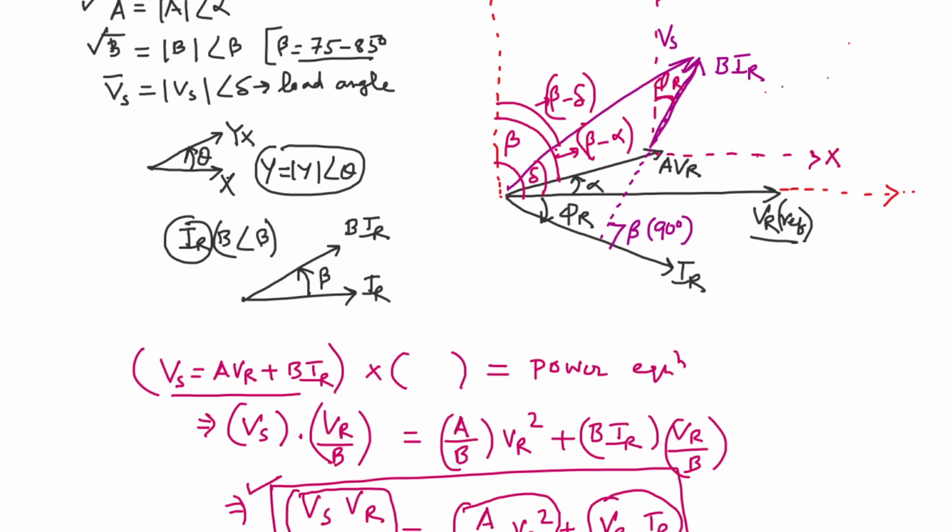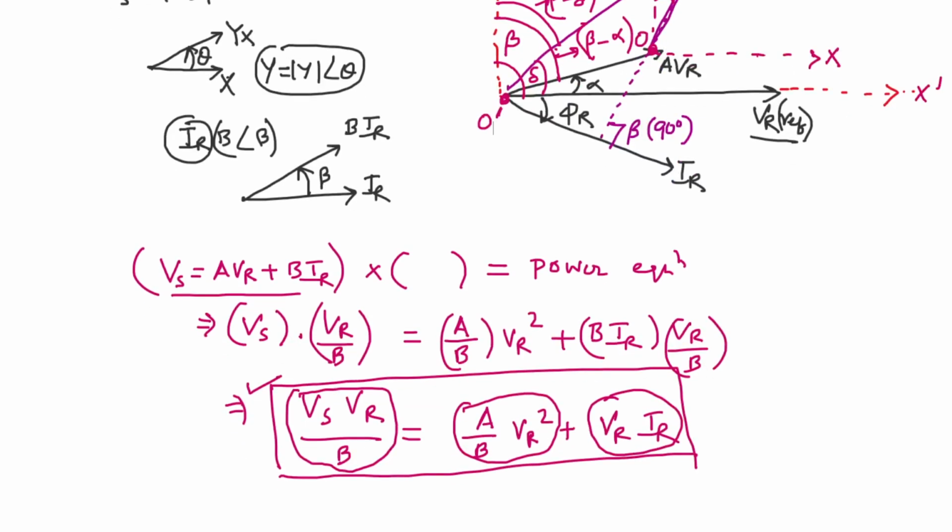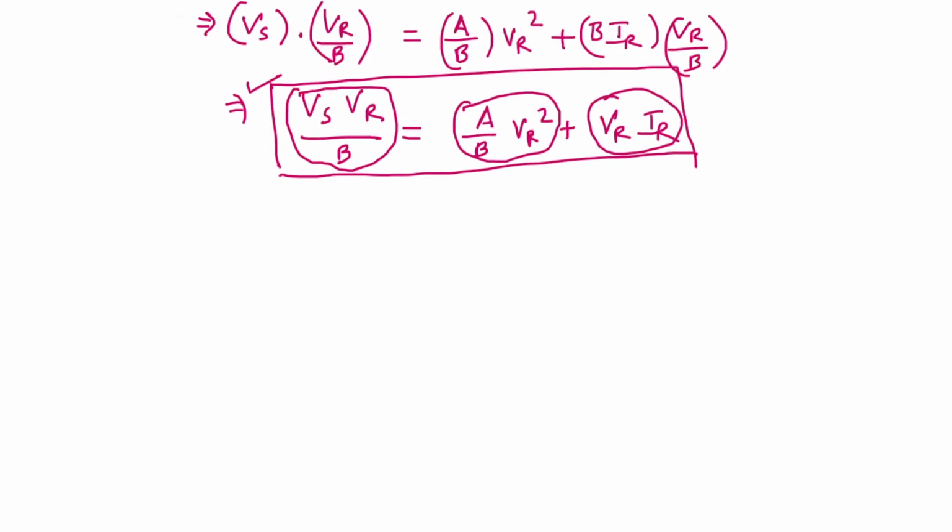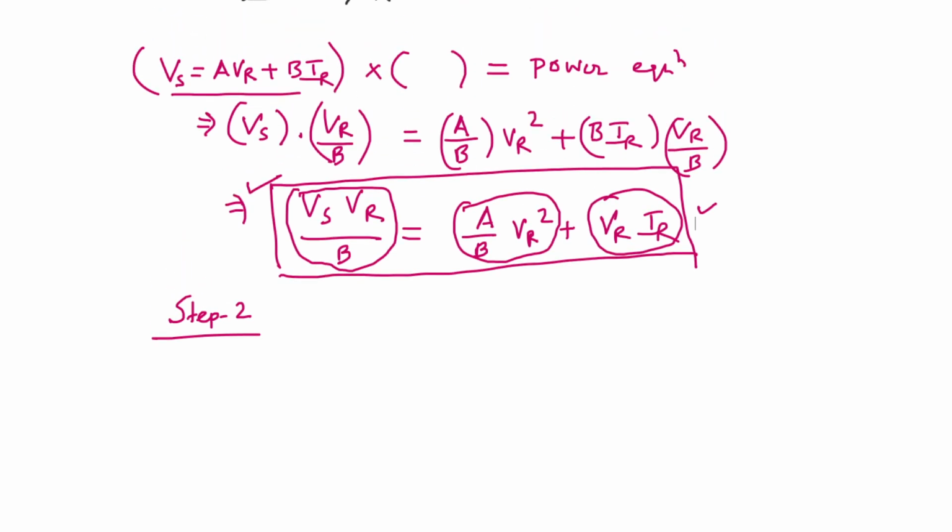This is x, this is y, this point is the origin O, and let me mark x dash, y dash, and this point is O dash. So now coming back to my second step, step number 2. What is the basic difference between this equation and this voltage equation?